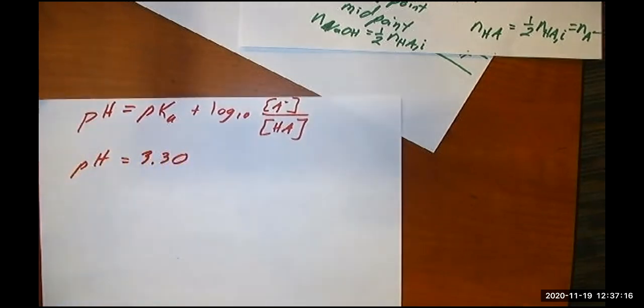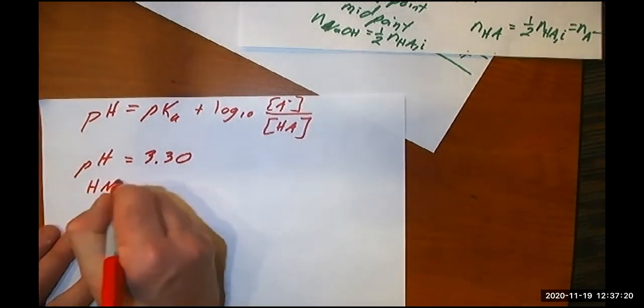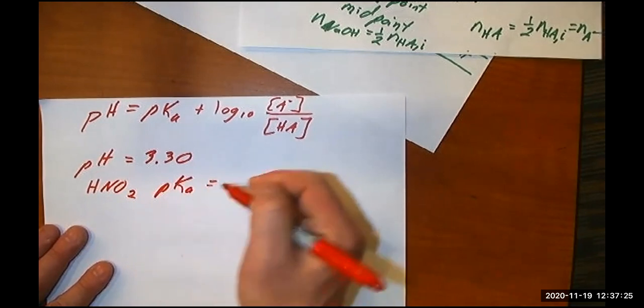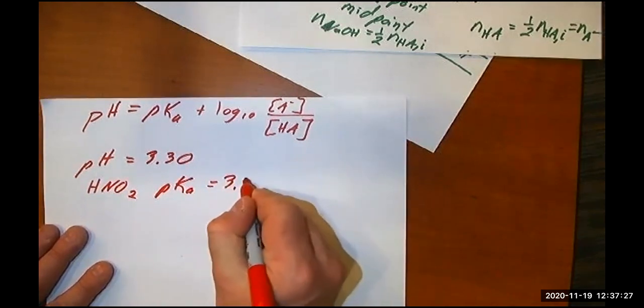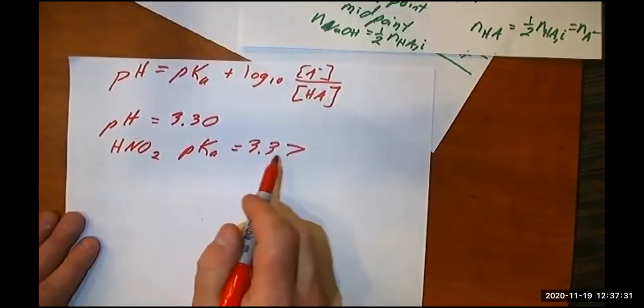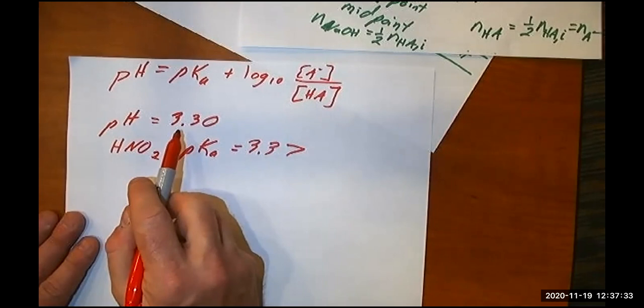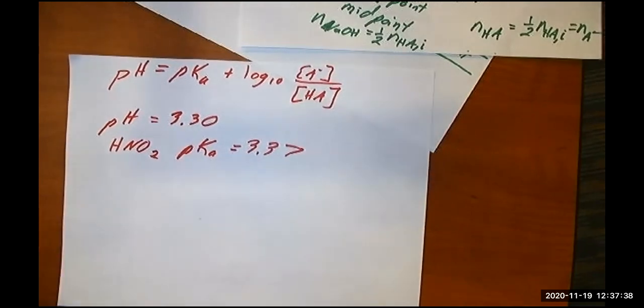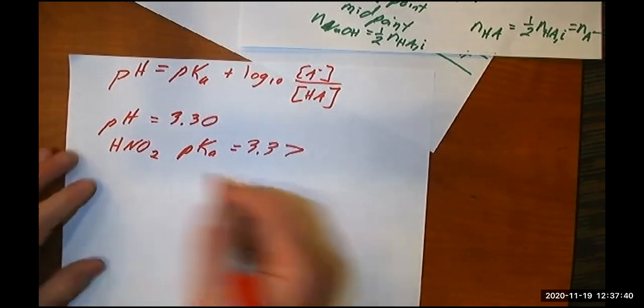Looking at a list that I just pulled up, I see that nitrous acid, HNO2, has a pKa of 3.37. If that is the closest in the list that you have to 3.30, this is the one that you would use. So now let's figure out what exactly we would do.